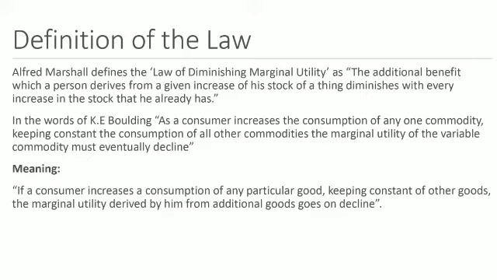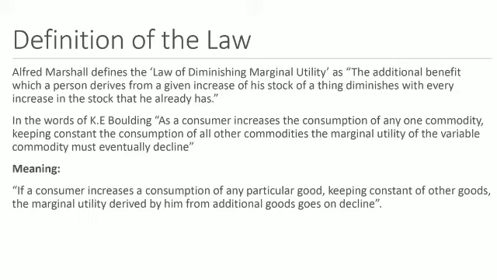In simple words, other things being constant, when any one particular commodity is consumed one after the other without time gap, the marginal, that is additional, utility eventually declines. That is the law. And what are the other things constant?